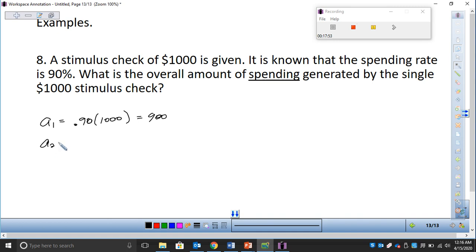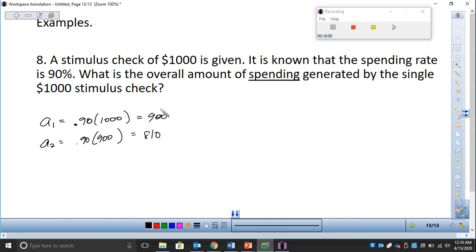My second term is going to be 0.90 times the 900, and that's going to give you $810. So let's say you get $1,000, you don't spend all of it, you only spend $900. You go to another store, or you pay your money to a certain store. That store takes that money and then goes to another store and spends only $810.